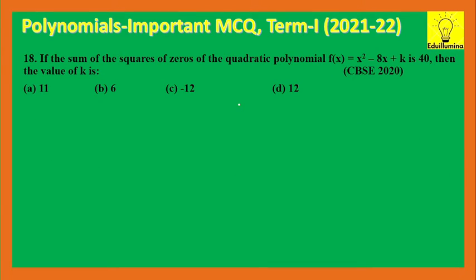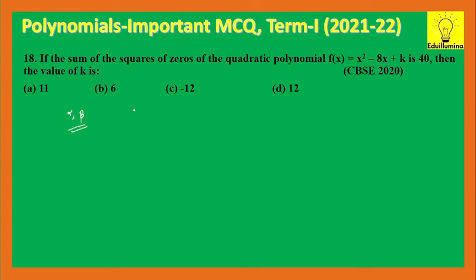Then, if the sum of the squares of the zeros of the quadratic polynomial f of x, x square minus 8x plus k, is 40, then the value of k is, we will have to find out the value of k. So again, it is given that the sum of the squares of the zeros of the polynomial. So let alpha and beta be the two zeros of the polynomial.